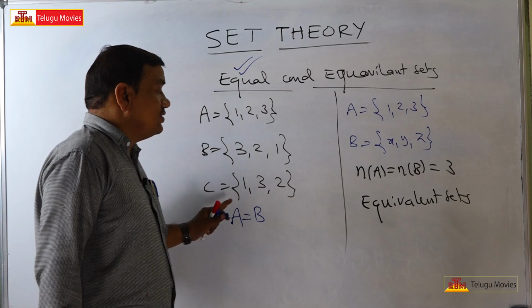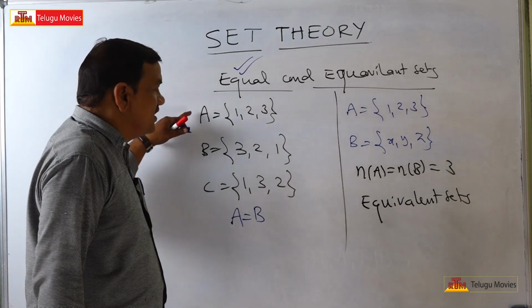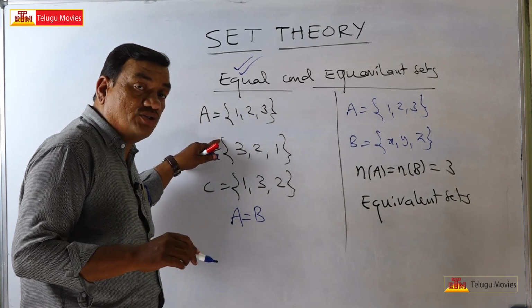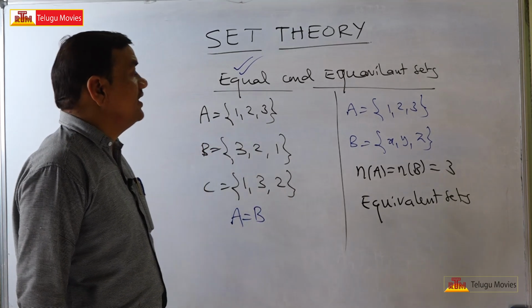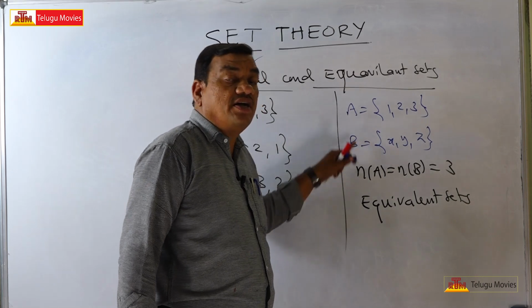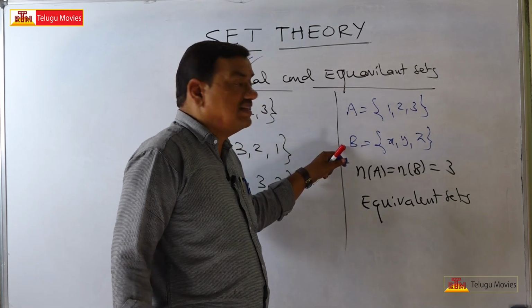Okay. So to say that two sets are equal, their cardinal number should be equal and both contain the same elements. Here only the cardinality of the set, that means the number of elements present in the set, should be same.